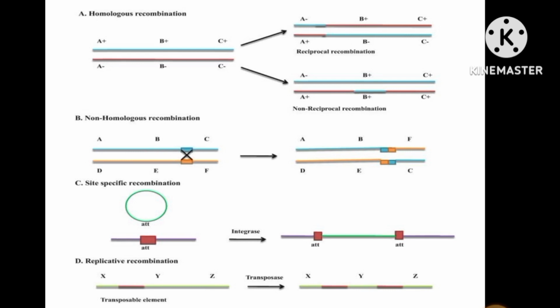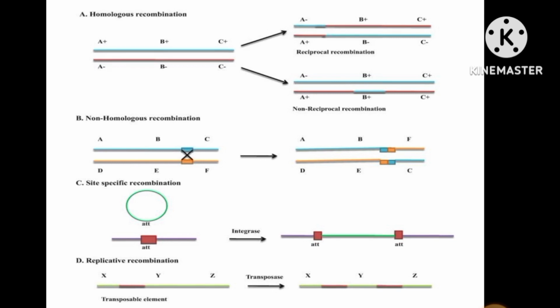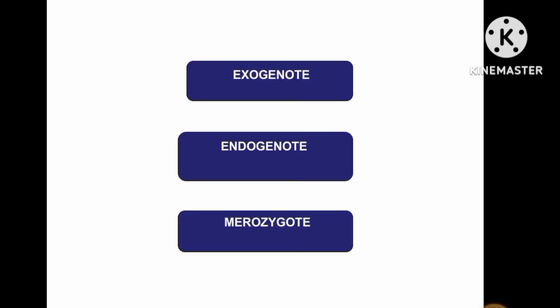Now come to replicative recombination. As usual, replication occurs here. A complete set of the genetic material forms multiple copies, and it is not dependent on sequence homology. The best example is transposable elements, which follow replicative recombination.